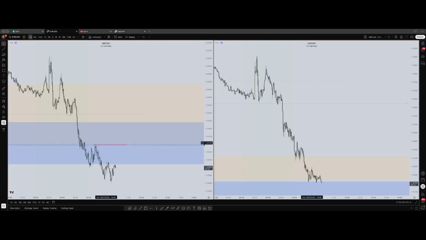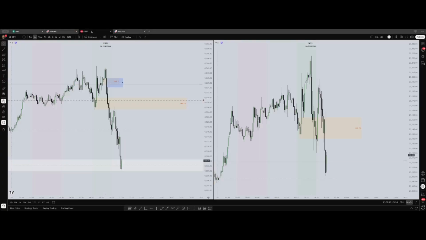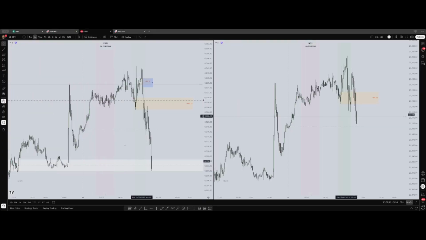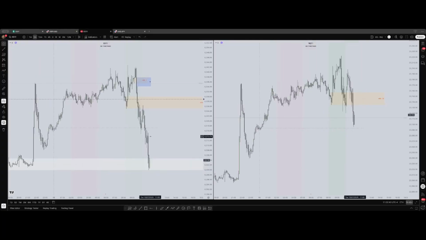On Euro USD and GBP, I'm waiting for price to break this high. So be careful, and I hope you have a nice rest of the day.